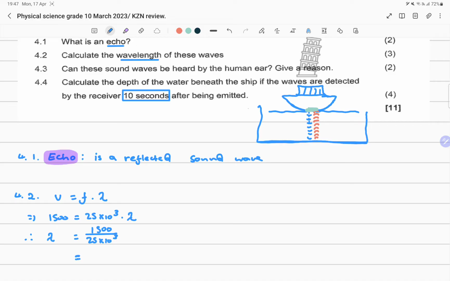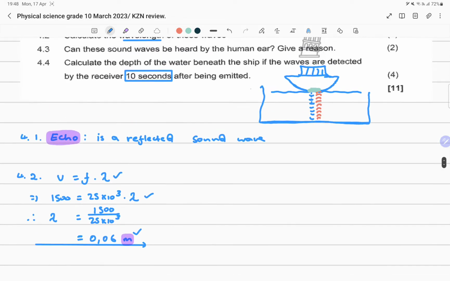Easy stuff here. What I'm getting is 0.06 meters. Remember, this is in meters. That's great. Here, standard 3 marks: you get a mark for the equation, a mark for a correct substitution, and a mark for an answer. And don't forget, there must be a unit.